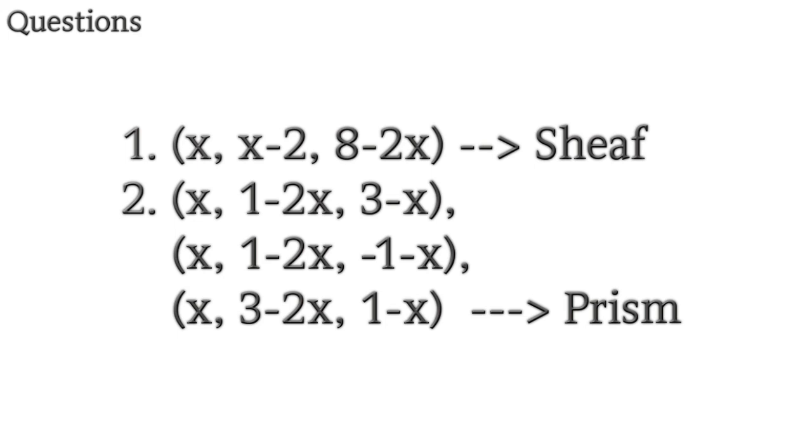And there we go. The two solutions are respectively sheaf formation and prism formation. For the sheaf, there's only one equation in terms of x, as shown here. For the prism solution, there are 3 equations that you need to find, and you will be penalized if you don't write all 3 of them down.